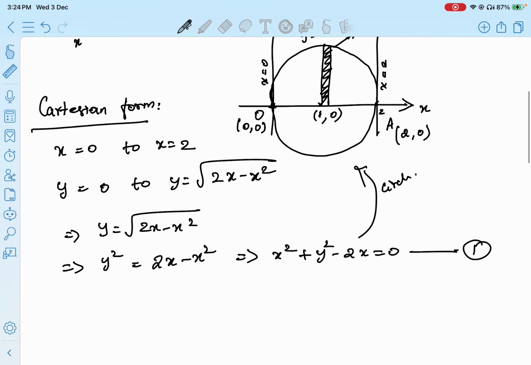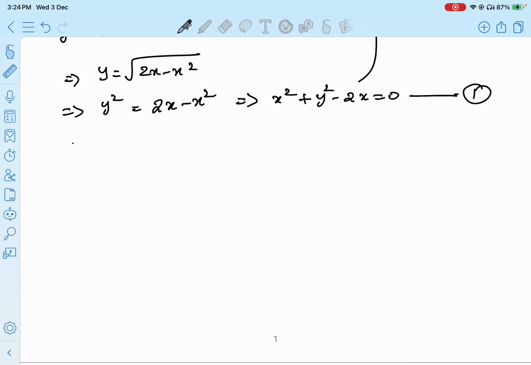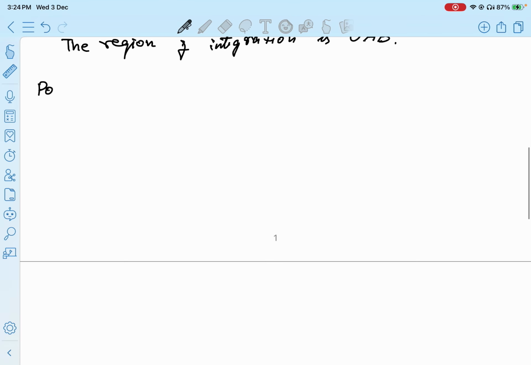Now, the region of integration is OAB, which means in the figure it is connected with O, A and B.